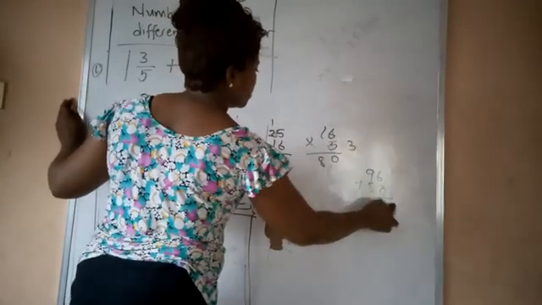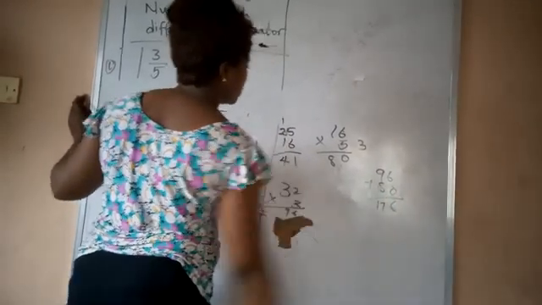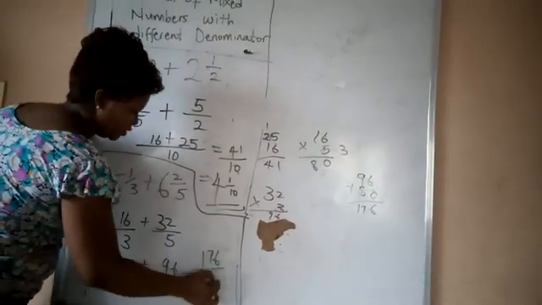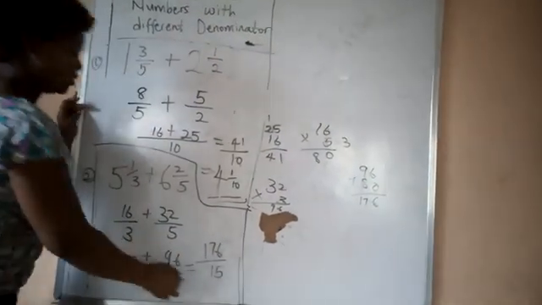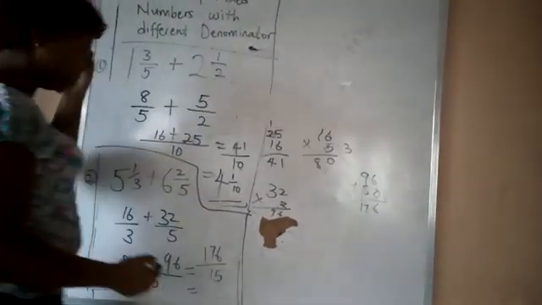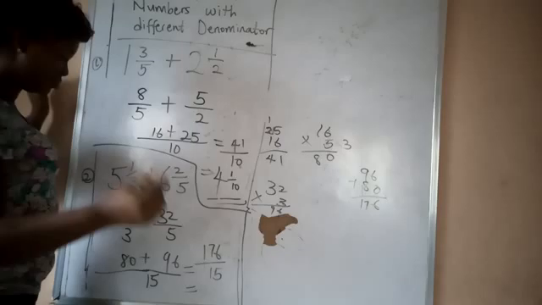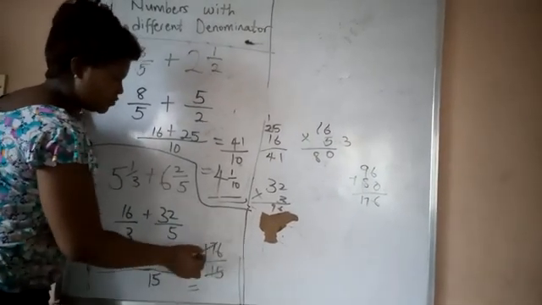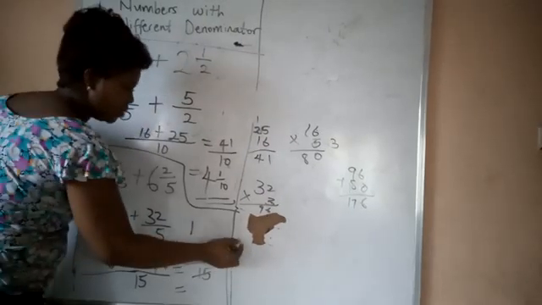Now you add 80 plus 96 together. What do you have? 6, and here this gives us 17. So you say 176 over 15. Now you can decide to change this into a mixed number. So you ask, how many 15s will you see in 17? 1. It will remain 2.